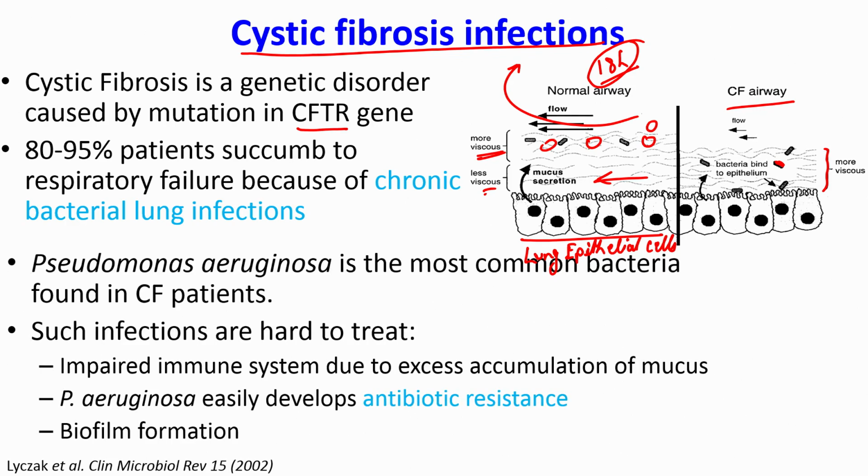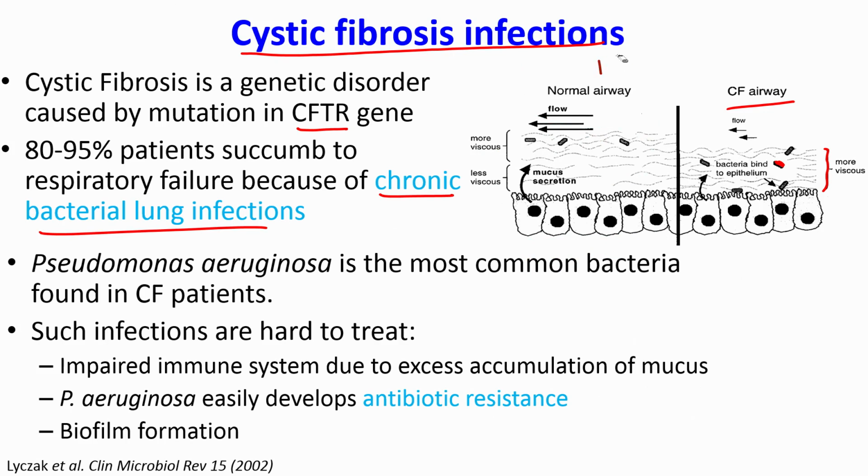So, as I said, one of the major targets is this bacterial lung infection, and among the bacterial infections that are seen in this disease, there are many types of bacteria that start to colonize your lung, but among them the most common and the most pathogenic bacteria in this case is Pseudomonas aeruginosa.